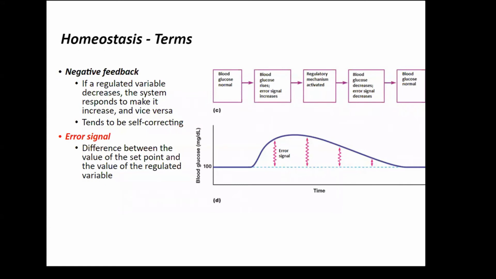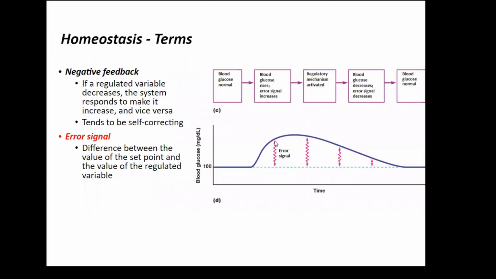All the various things that the body does to bring that regulated variable back down to its set point are functioning via something called negative feedback. So here we have the example of blood glucose. We're trying to keep it at 100. Just like with the car changing speed, our blood glucose here is increasing, so we register an error signal.